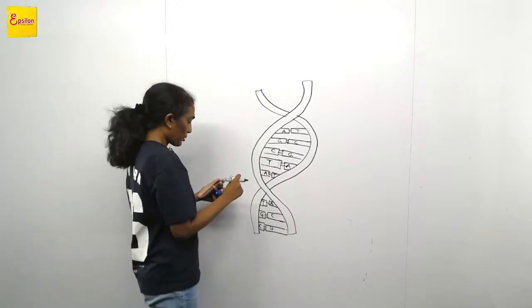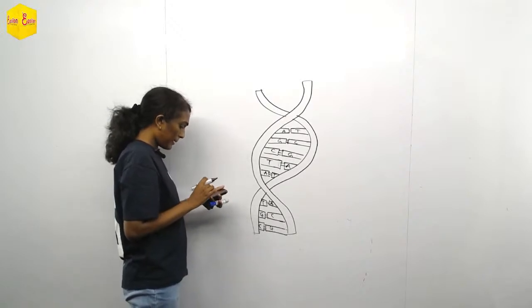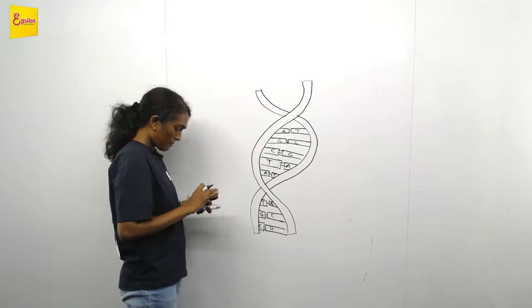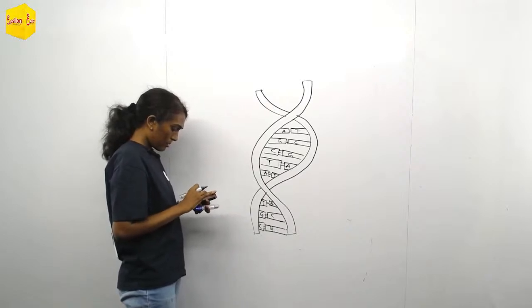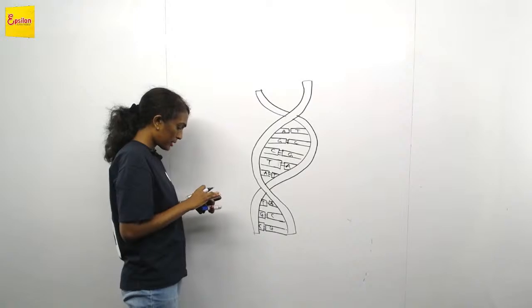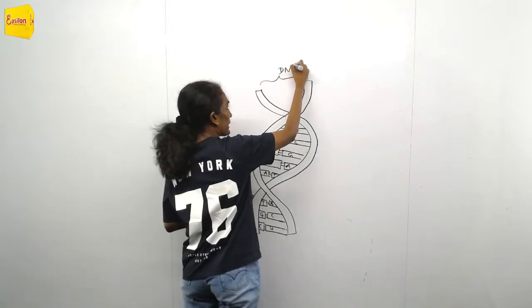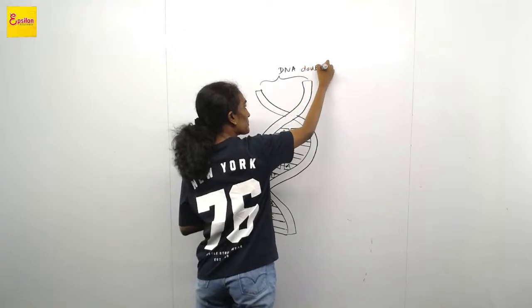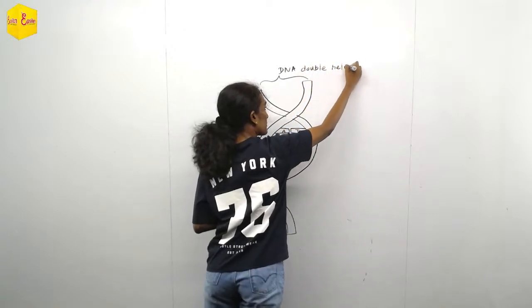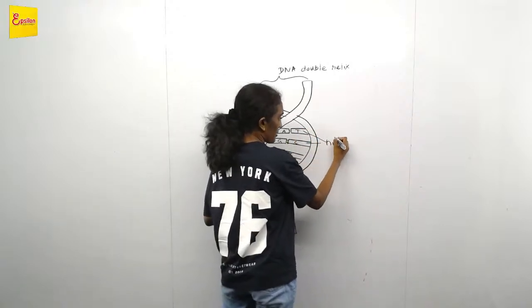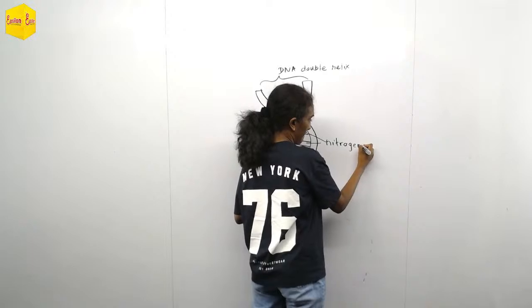So you have to label these things. In the examination, they took this complete thing, the DNA double helix. Here, the nitrogenous base pairs.